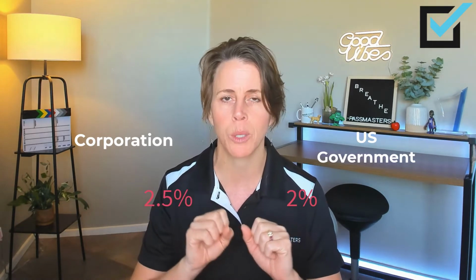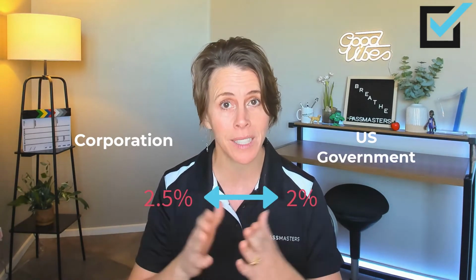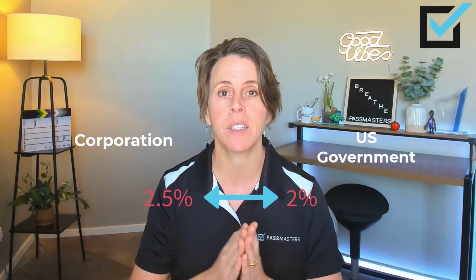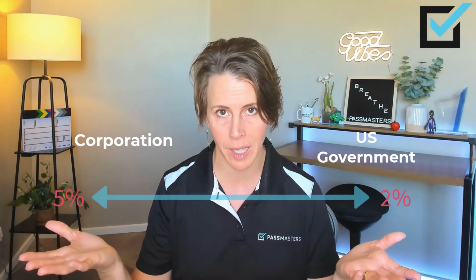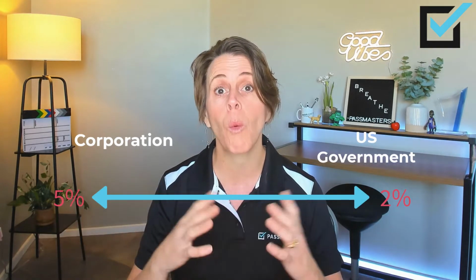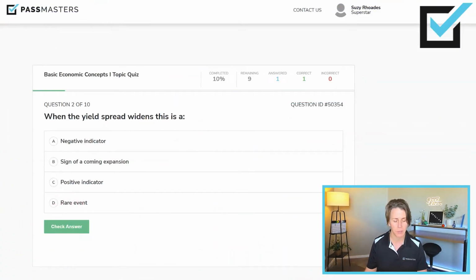When these are close together, so if the US government can borrow money at 2% and the corporation has to pay 2.5, that's a positive indicator. But in this question, it said that the yield spread widened. So it cost the US government 2% to borrow money for 10 years, but it cost a corporation 5%, let's say. So when the yield spread widens, this is a negative economic indicator.